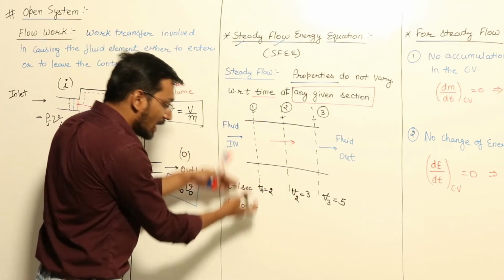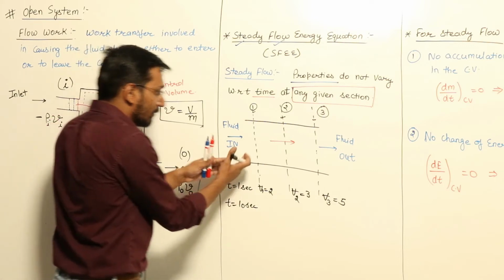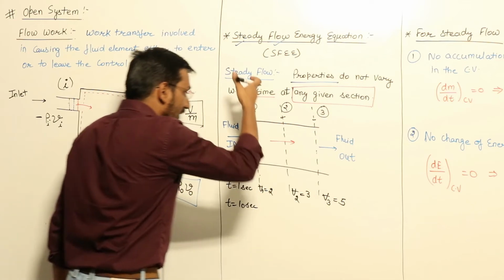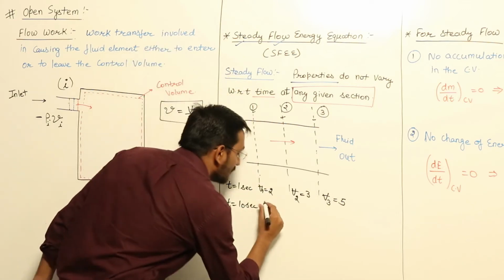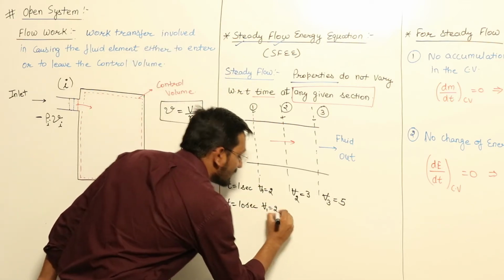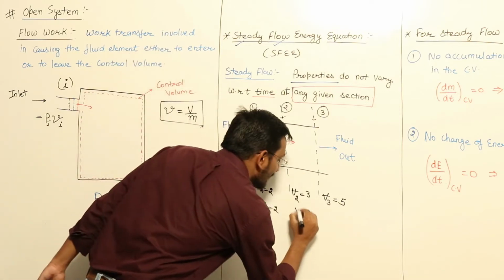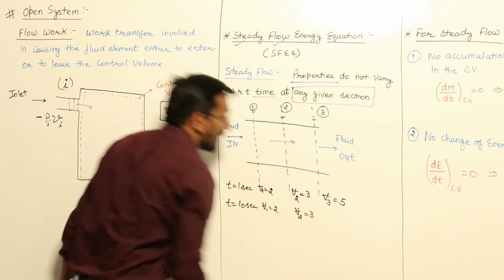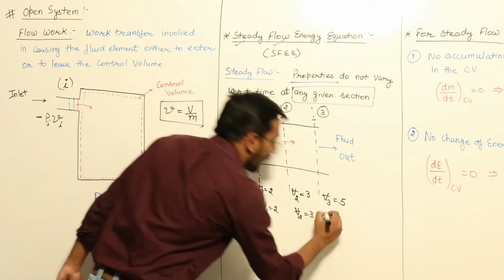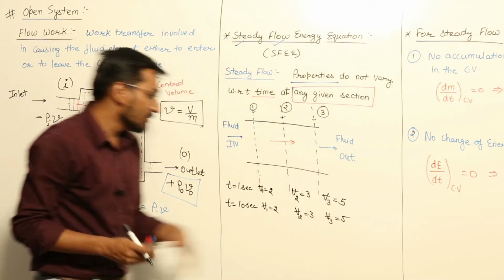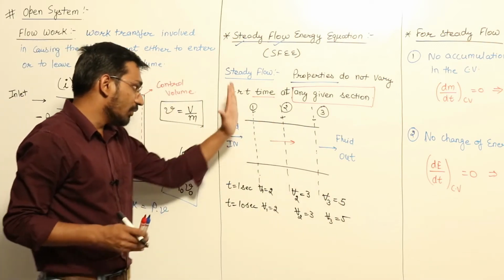If velocity at this given section is not changing, the velocity is same, that is 2 meter per second, velocity at this point is same, that is 3 meter per second, and velocity at the third point is same, which is equal to 5 meter per second.